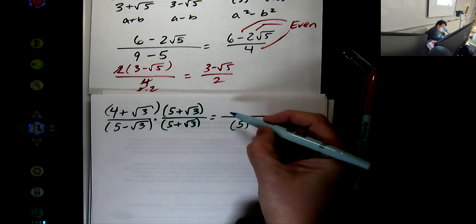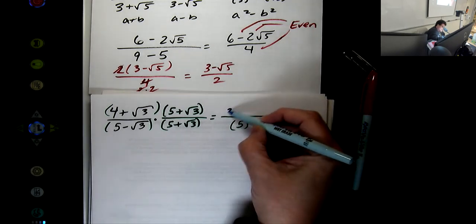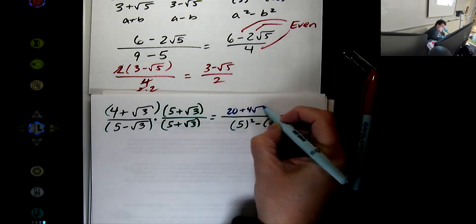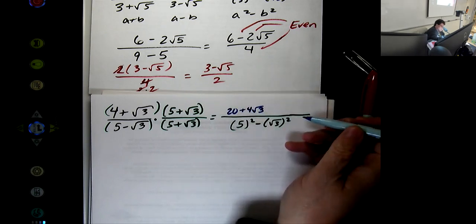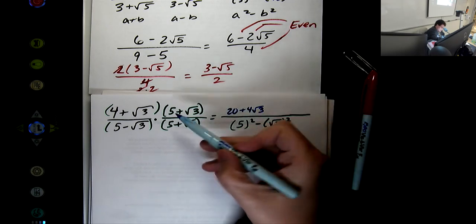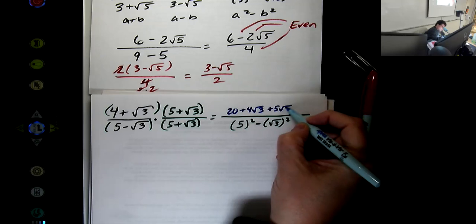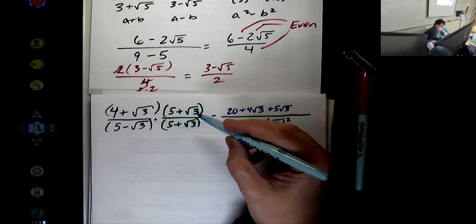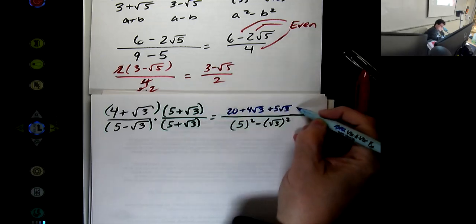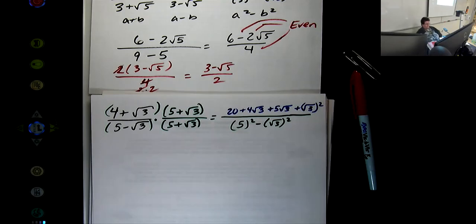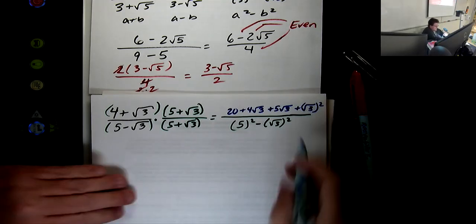I've got 4 times 5 is 20, and 4 times root 3 is 4 root 3. Then I've got root 3 times 5 is 5 root 3, and root 3 times root 3 is root 3 squared, which we know is 3, right?